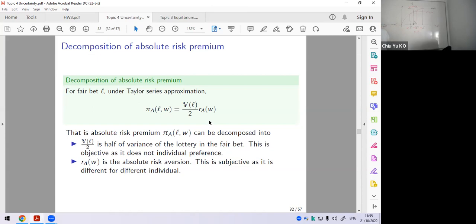Because it's a fair bet, it's in the middle. Is that clear? This L is 0, this plus this guy is actually 0. So focus on this kind of bet. And you have a utility function here.